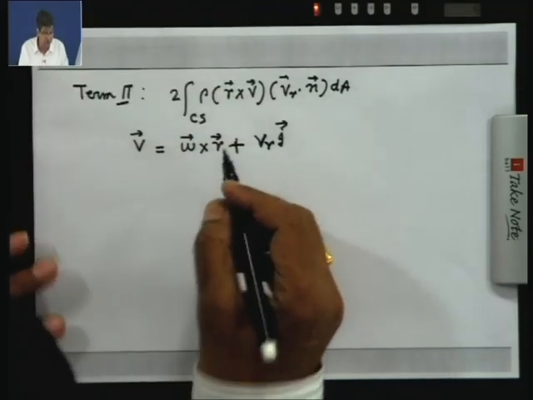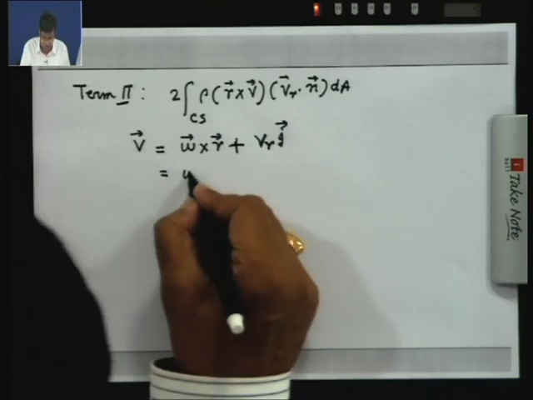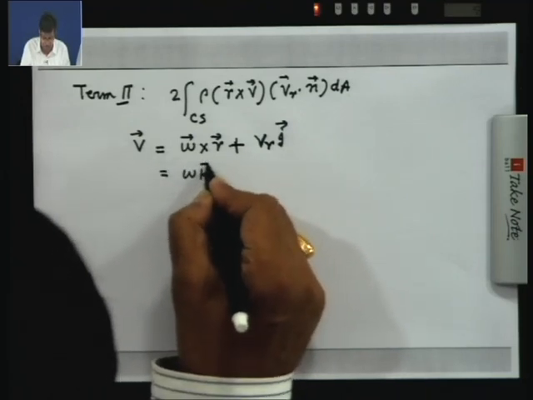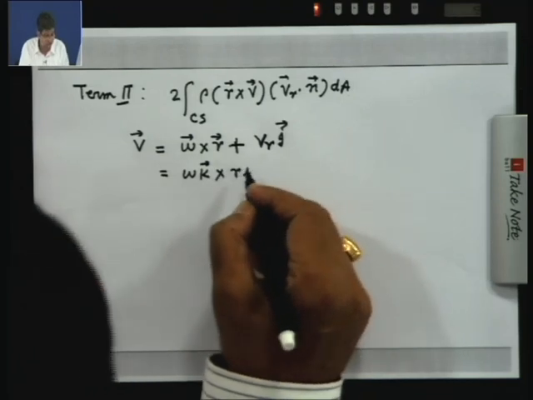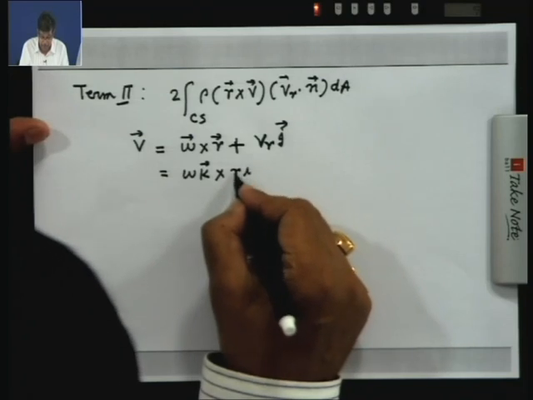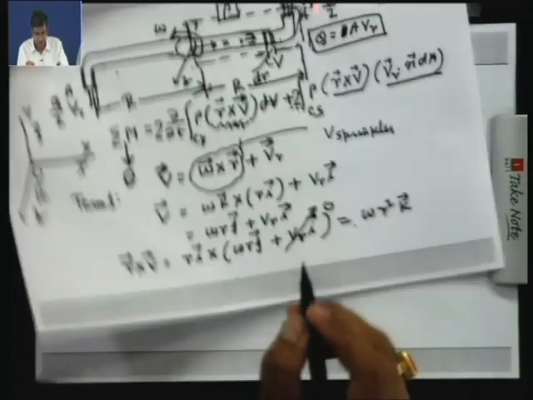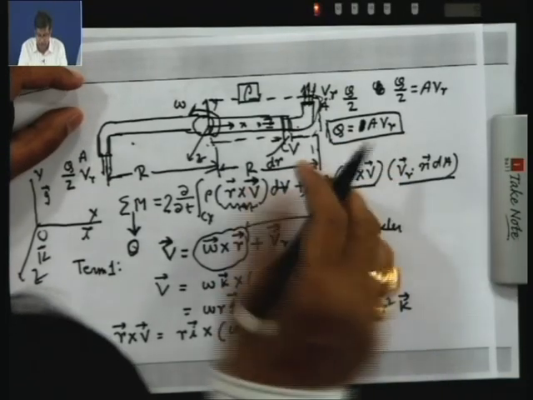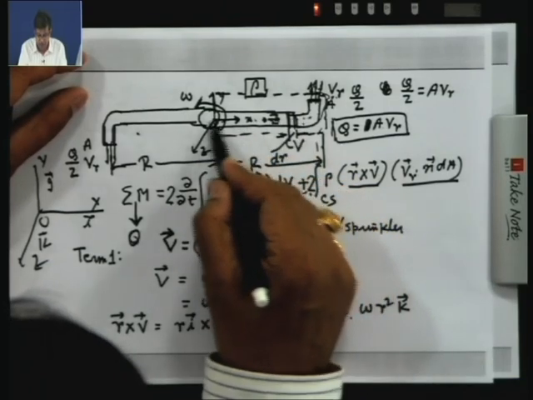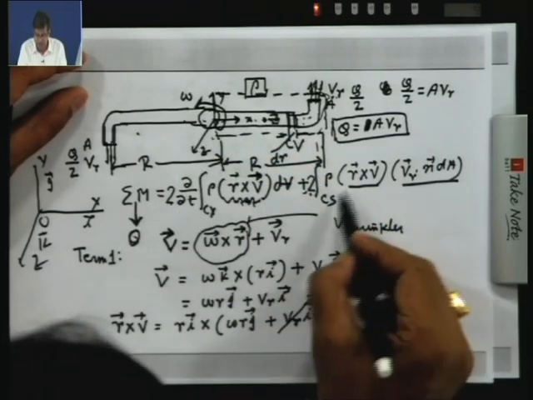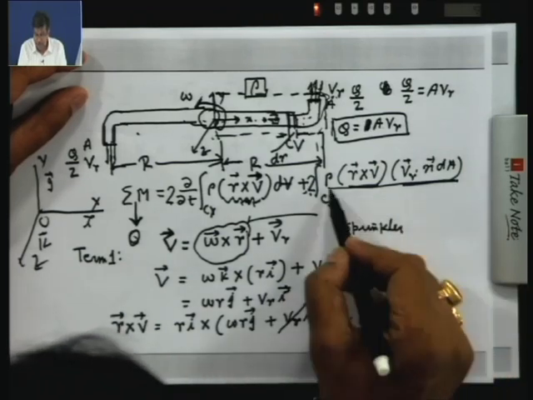Now if you do that, what do you get? ω is as usual ω k, crossed with R. Here R is the capital R. Why? Again the radius vector at all the points here is the arm length R. The radius vector is not varying, which was the case when we integrated within the control volume for the first term. This is applicable only at the control surface, where the fluxes are.